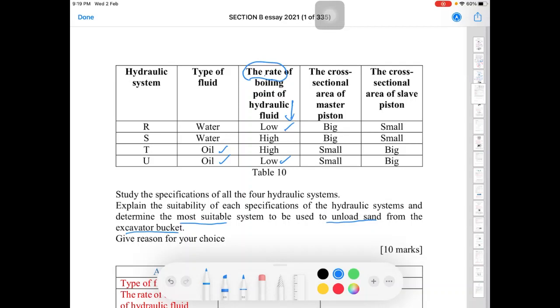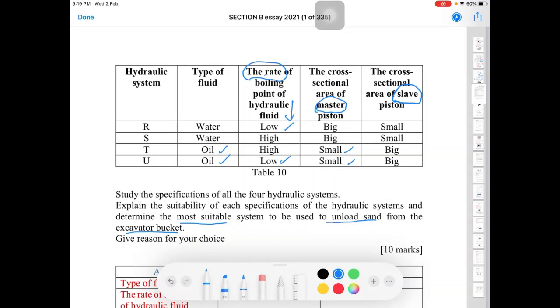Okay, cross-sectional area of master piston. Master means the small piston. The big piston is usually called the slave. Okay, so teacher already said earlier, your master piston is the piston that controls your pressure. So to make the pressure big, you need a small area. So you want a small area. Alright. And of course for your slave piston, you want to produce a greater force.